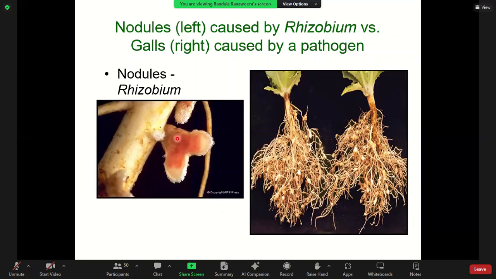Rhizobium bacteria in these nodules are fixing atmospheric nitrogen, and the plant can absorb it from these nodules. But sometimes pathogens damage roots and create these types of nodules, an unusual development of unorganized cell mass, the root nodules.